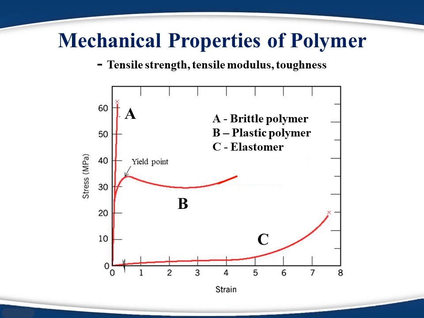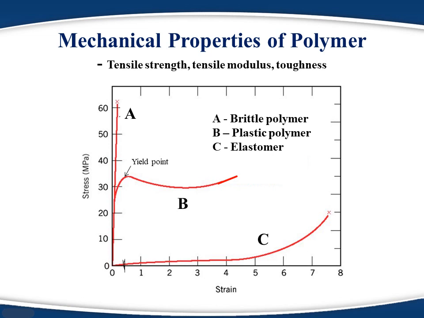The strength of a material is the stress value at which it breaks, whereas modulus is the ratio between stress and strain, and typically represents the material's ability to resist deformation. And toughness is the amount of energy consumed by the material before it breaks. It is mainly measured by the area under the stress-strain curve.